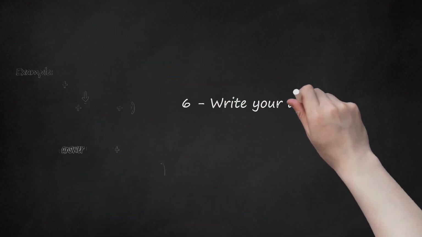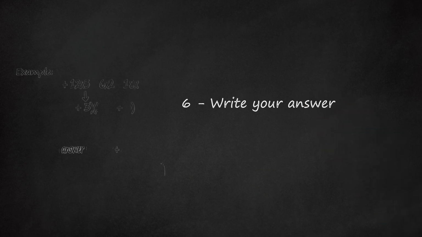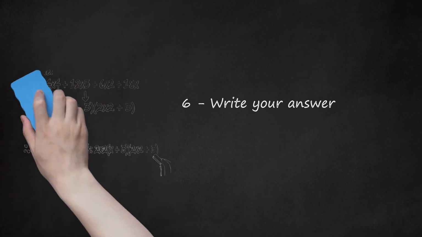Write your answer. You should have the final answer at this point. Example: for 4x^4 + 12x^3 + 6x^2 + 18x equals 2x(x + 3)(2x^2 + 3). The final answer is 2x(x + 3)(2x^2 + 3).